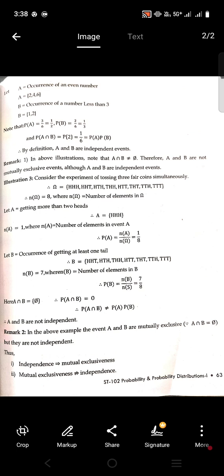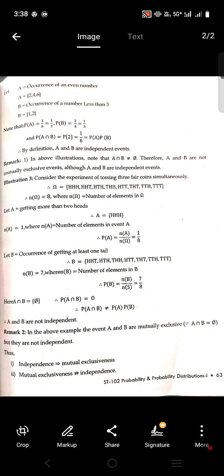Then we find the probability of event A intersection B. Here A equal to 2 4 6 and B equal to 1 2, and the intersection of A and B is only 2.